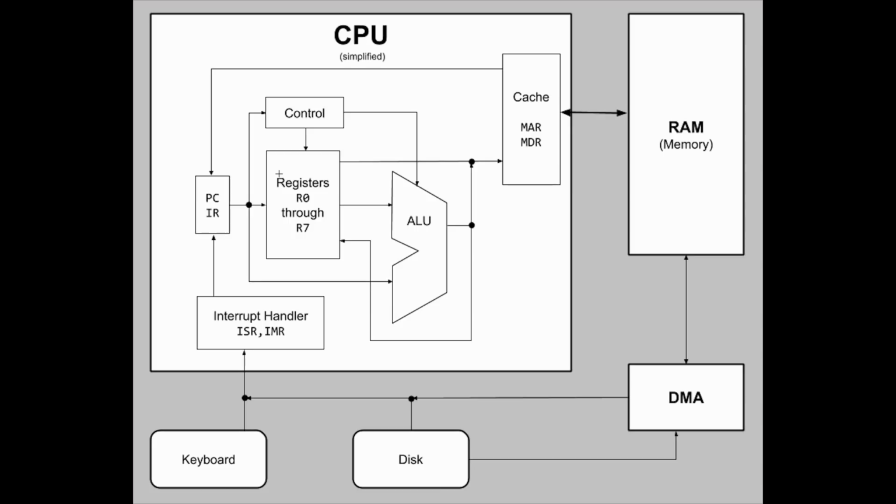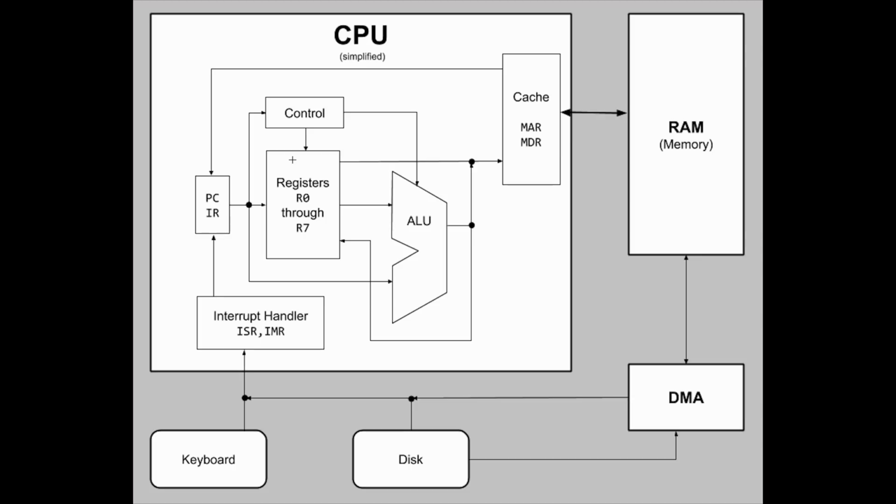So these are little variables that are built into the CPU. In this example CPU, we have 8 of them, and they're named R0 through R7. You can't change the names. That's just what they're called. So R0, R1, R2, and so on. Different CPUs from different manufacturers have different numbers of registers and different names for their registers, so it depends on the CPU.